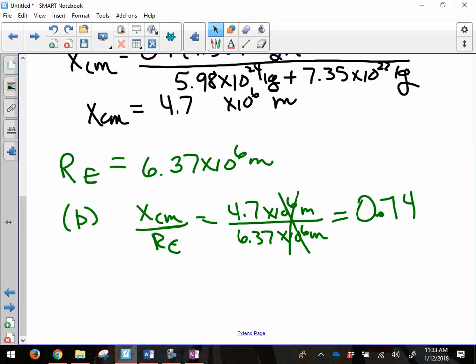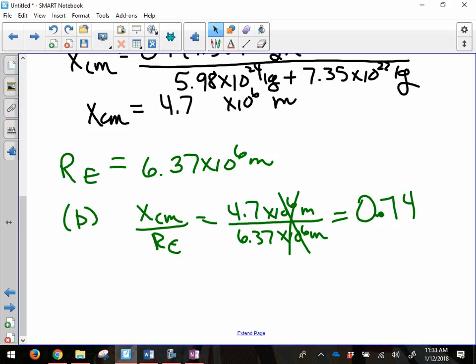And remember, the center of mass is always going to be shifted towards the larger object. Yeah, and the Earth, yeah, although it's a bit more complicated than that, but yes.